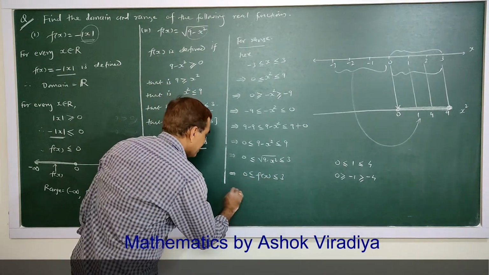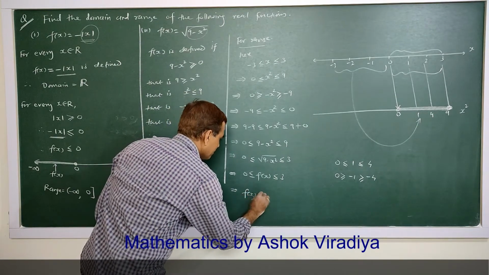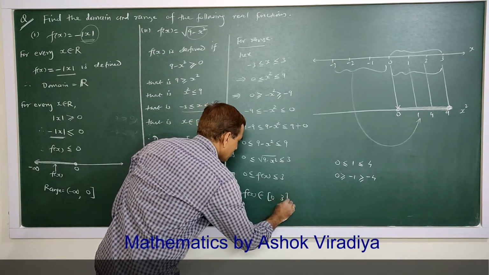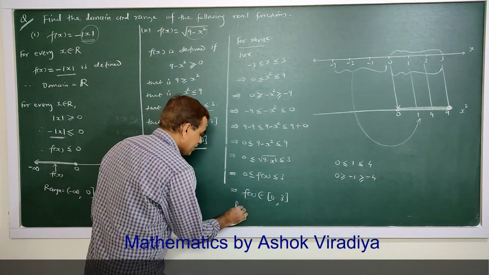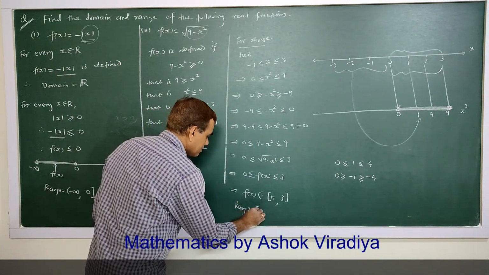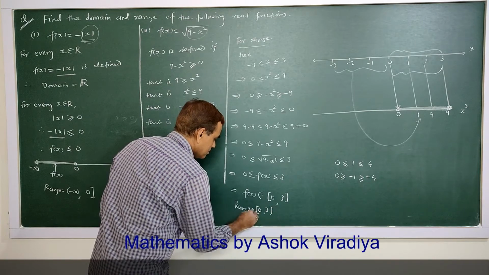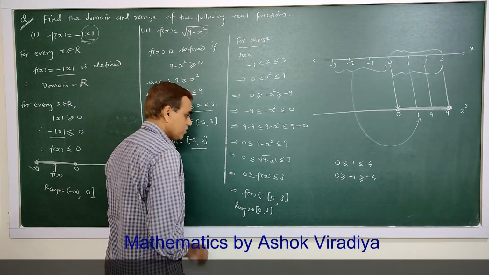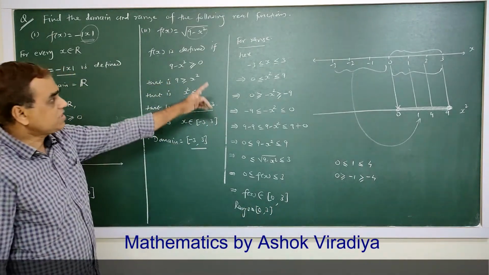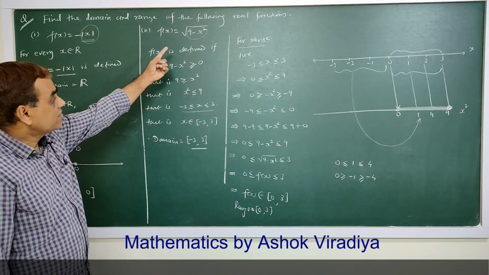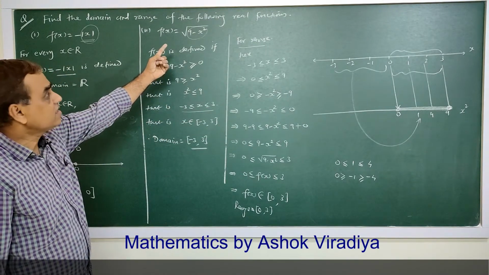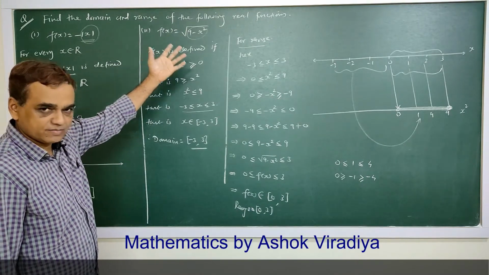So you can see that f(x) belongs to the closed interval 0 to 3. So the range is [0, 3]. This is the method to find range and domain if a function having a radical sign is given.